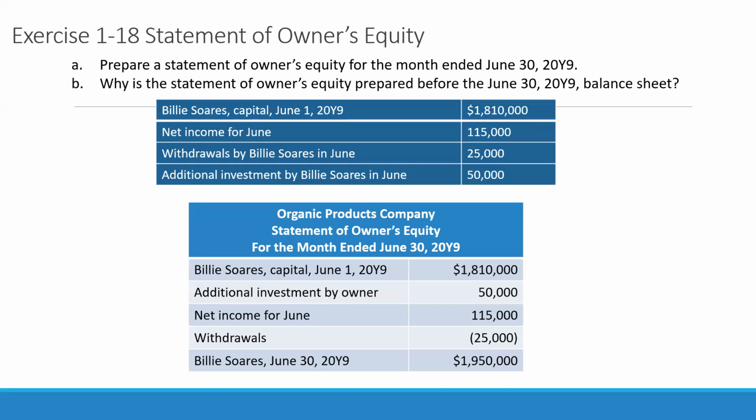So it has investment, net income, and then the withdrawals at the end, and then your total at the bottom, right? The parentheses in accounting indicate that it's a negative, although in your homework, just put a negative sign in front, and I'm pretty sure Cengage will show it as a negative like that, but that's what it means, is subtract.